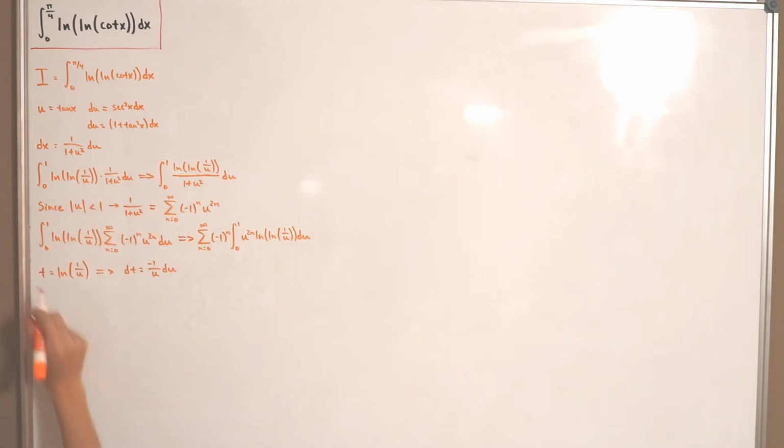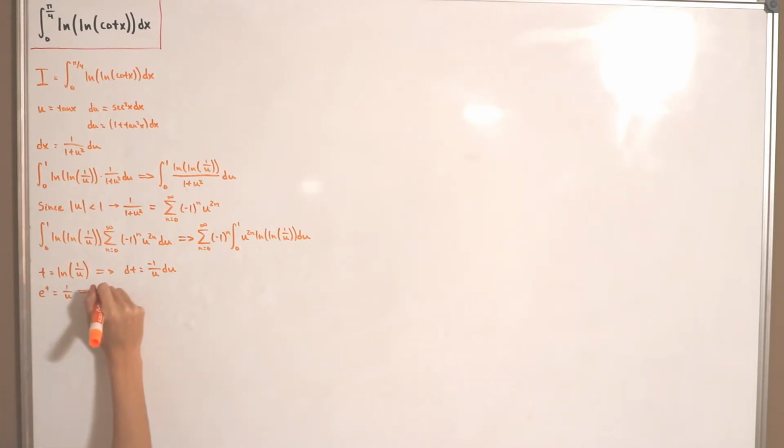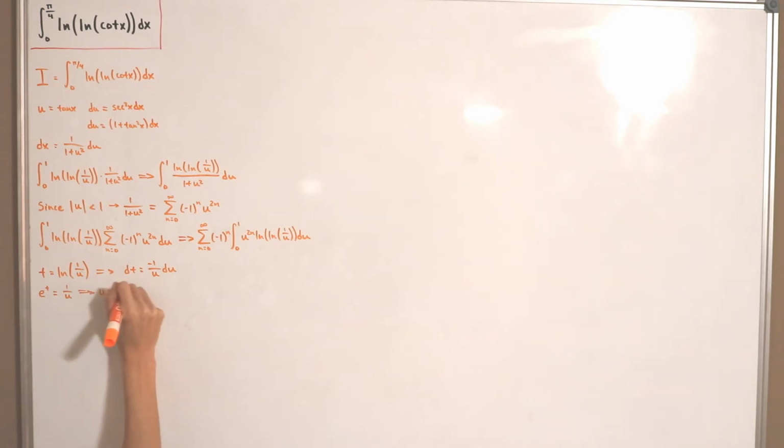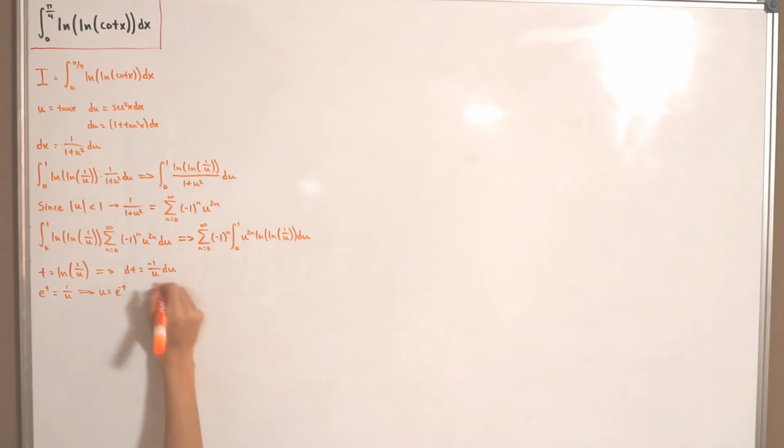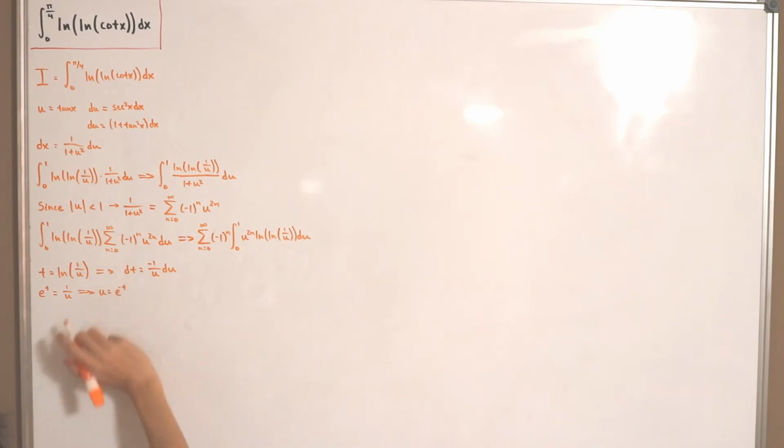I can take the exponential of both sides, so e to the t is equal to 1 over u. Therefore u is equal to e to the negative t. And so I'll plug the u back in. Actually, rather, I'll divide the negative by both sides and then multiply the u.